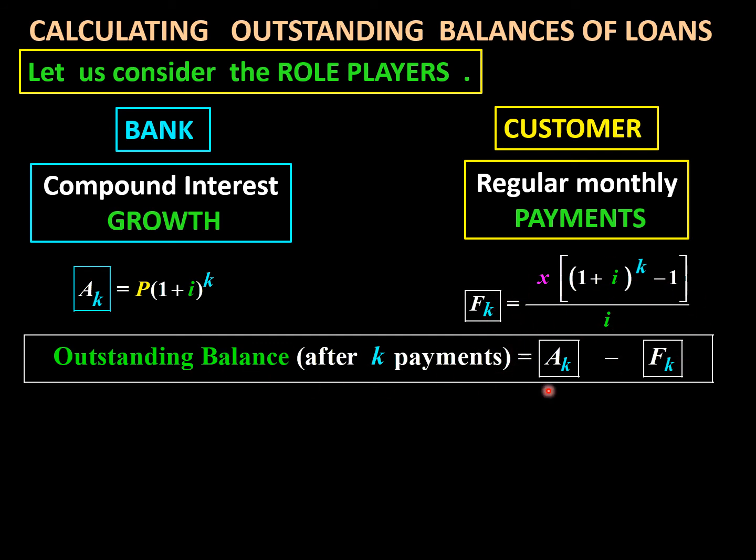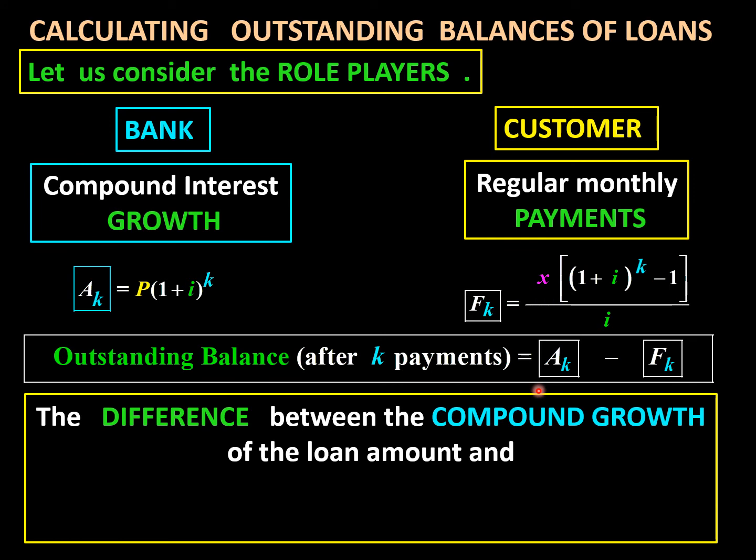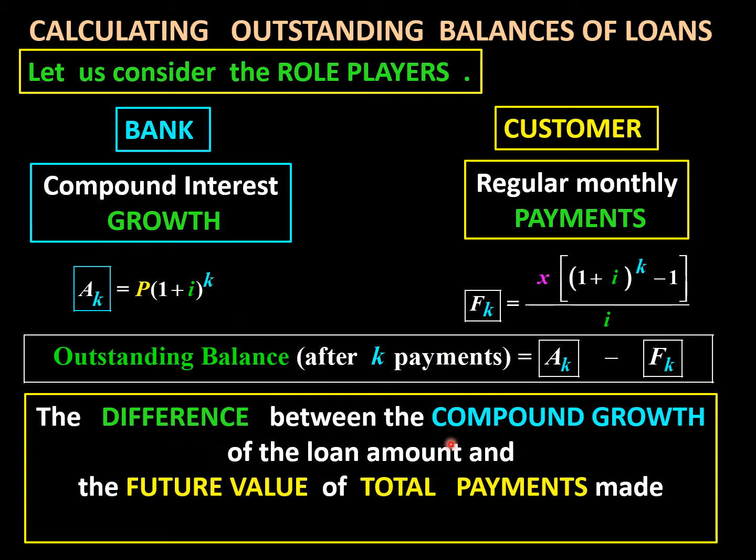So an outstanding balance is the difference between the compound growth of the loan amount and the future value of the total payments, and that is the outstanding balance.